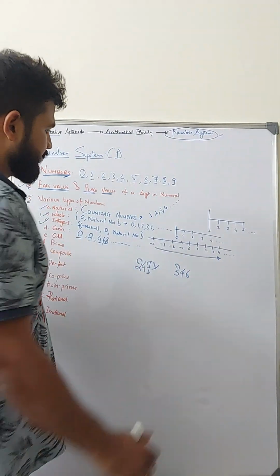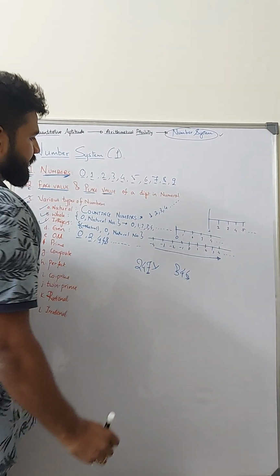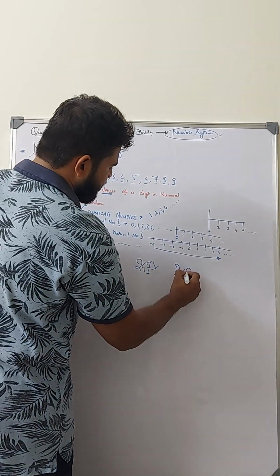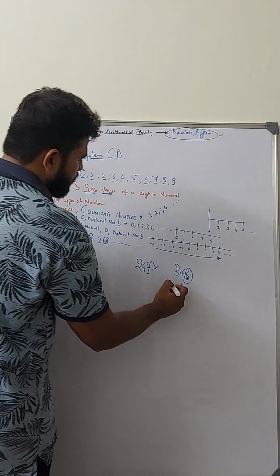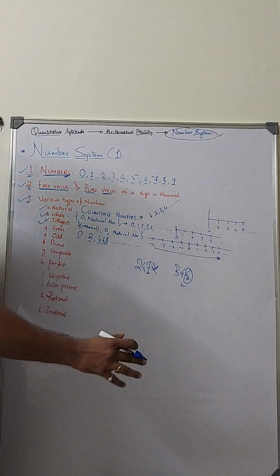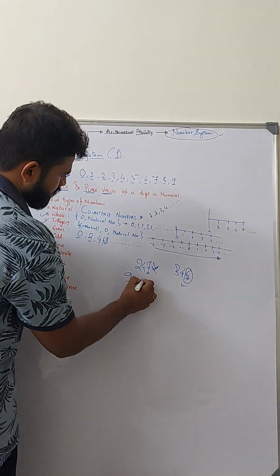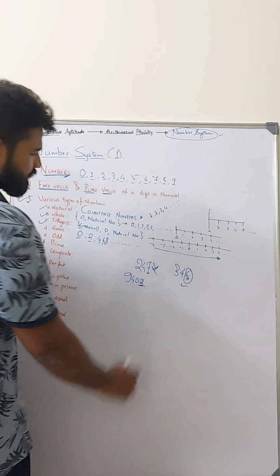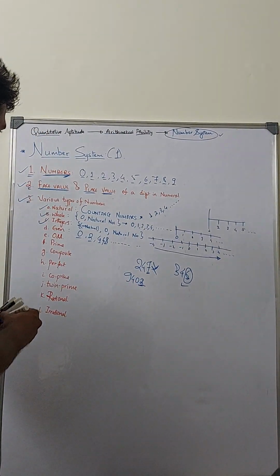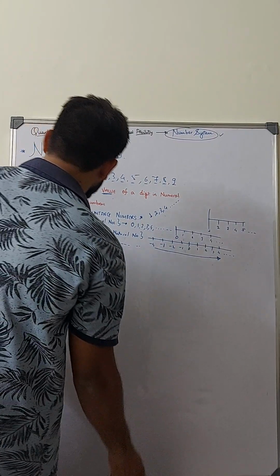So in 346 you have 6 at the units place, which is divisible by 2. Yes, it is an even number. One more example: is it even? Obviously, 2. It is an even number. So you got to know what even numbers are.